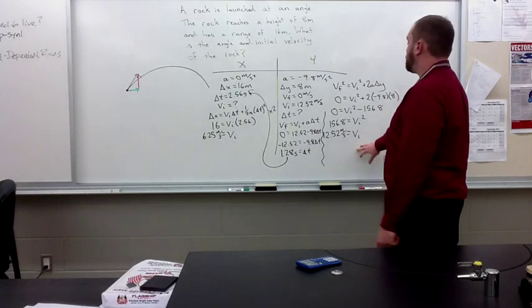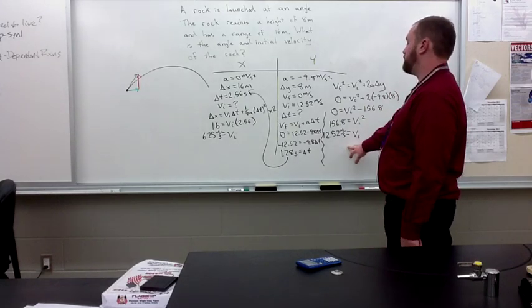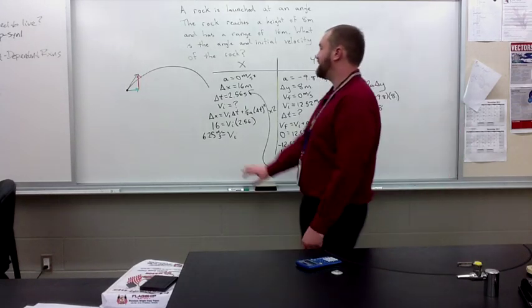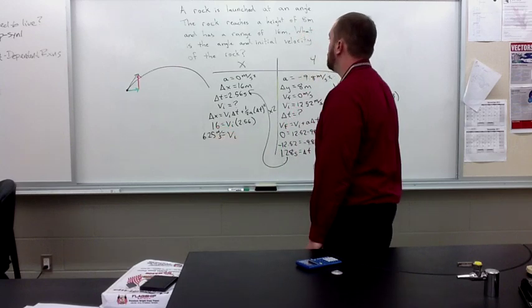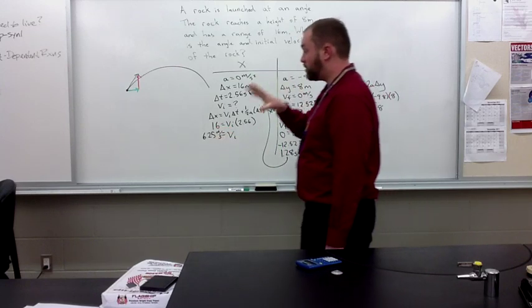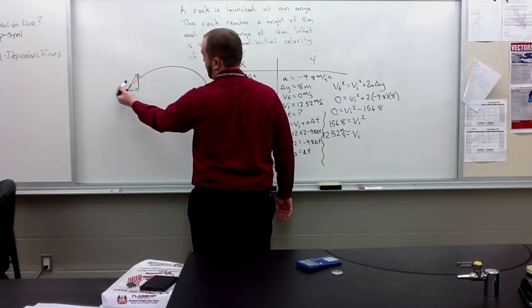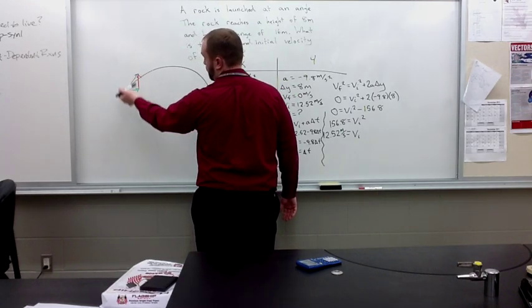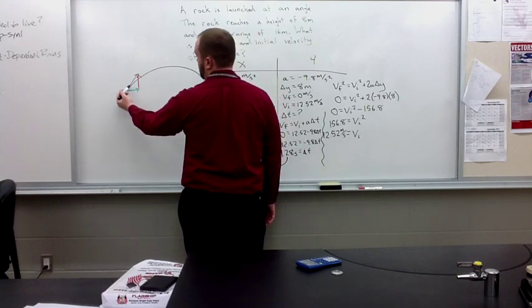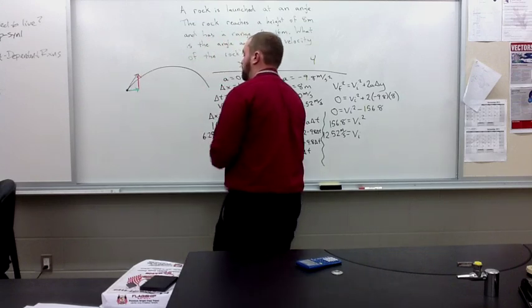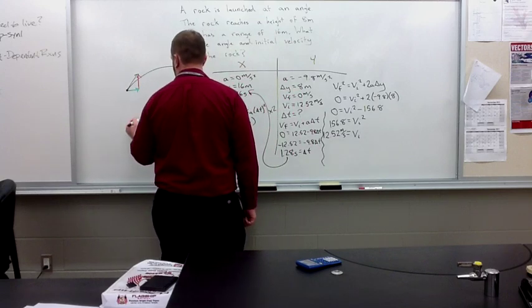So we've got an initial velocity in the y direction. We've got an initial velocity in the x direction. They want to know what its initial velocity was, period. They want to know what this black vector is. We found these two vectors, so they want us to find the resultant. And they want to know what this angle in here is. I'm going to draw this triangle much bigger so you can see it.